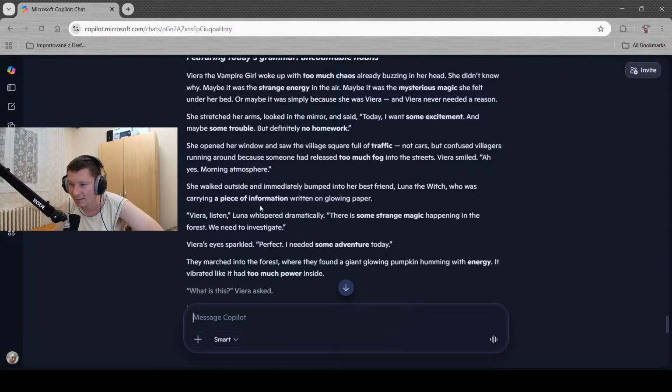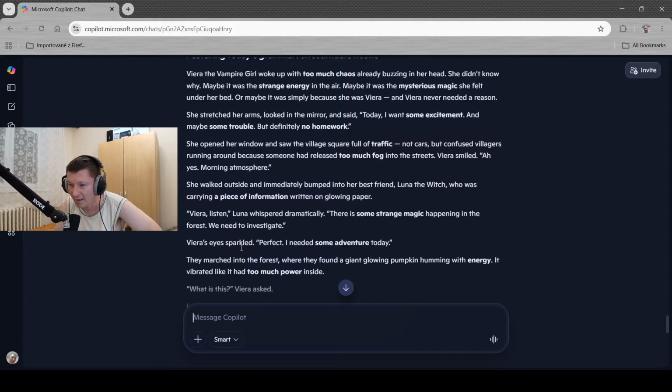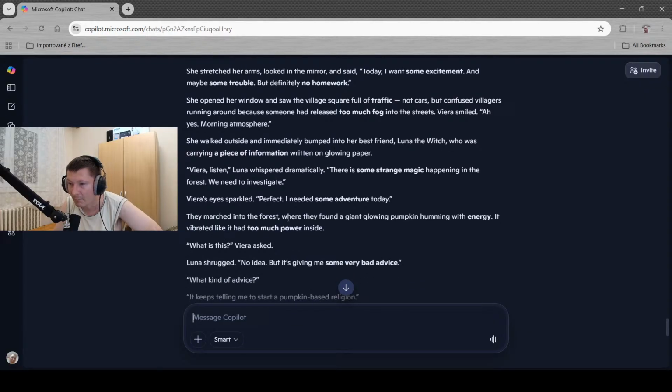She walked outside and immediately bumped into her best friend, Luna the witch, who was carrying a piece of information written on glowing paper. "Viera, listen," Luna whispered dramatically. "There is some strange magic happening in the forest. We need to investigate." Viera's eyes sparkled. "Perfect. I needed some adventure today."